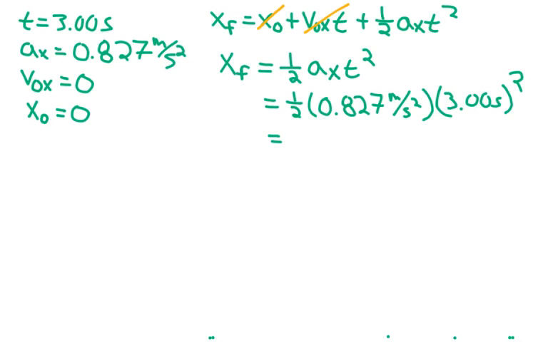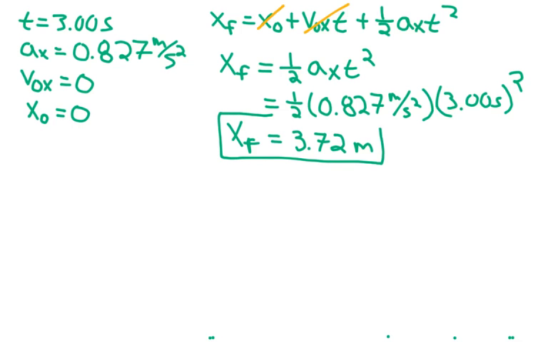And plugging that all into my calculator, and don't forget, I'm not plugging in 0.827, I'm plugging in 0.827 and all the other digits, because I'm not rounding until the very end. So we type all of this into the calculator, and we get approximately 3.72 meters. So that is our xf, the final distance that we travel in the x direction.